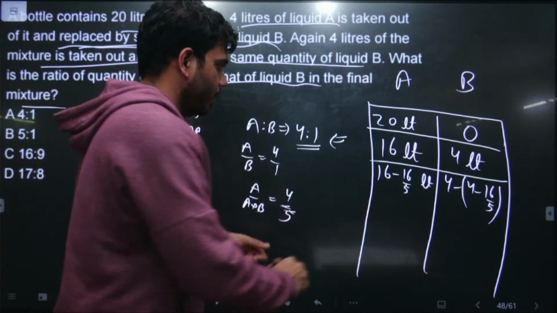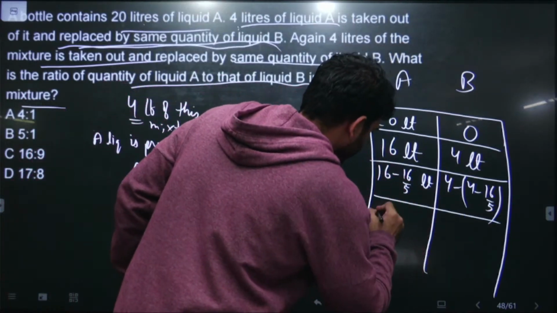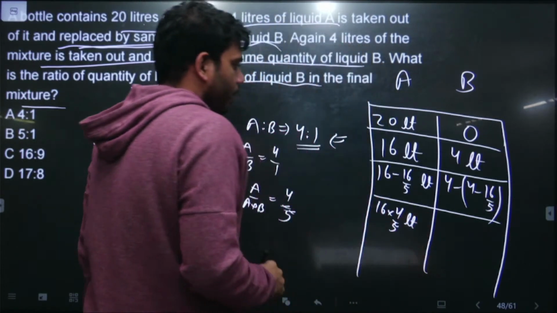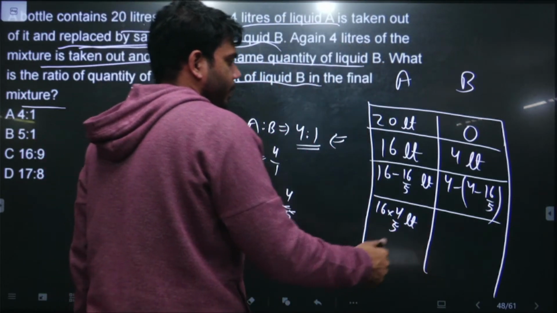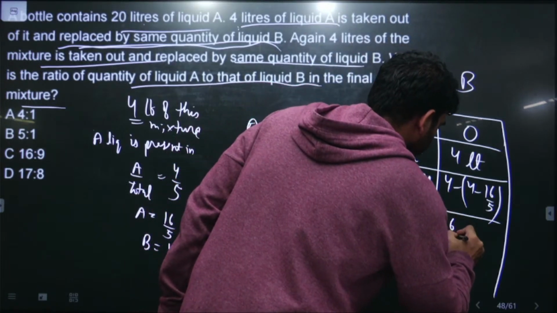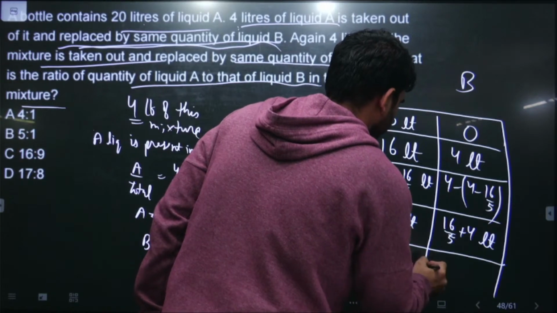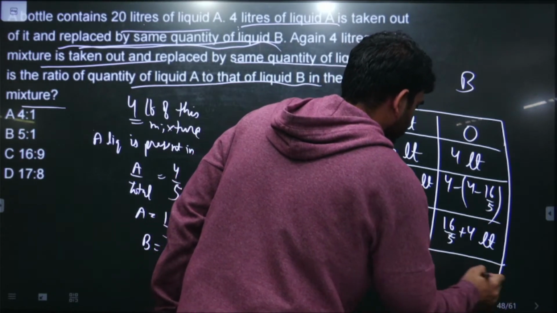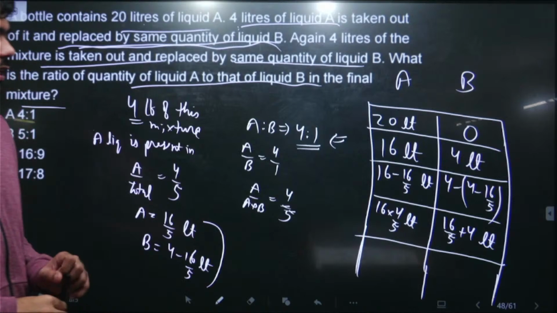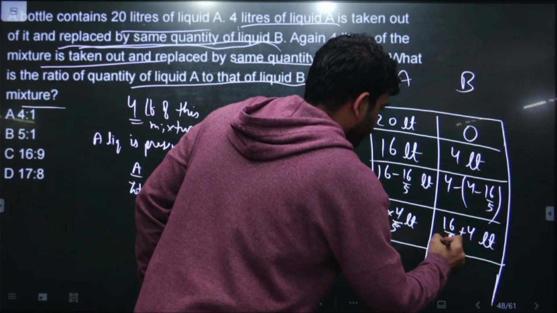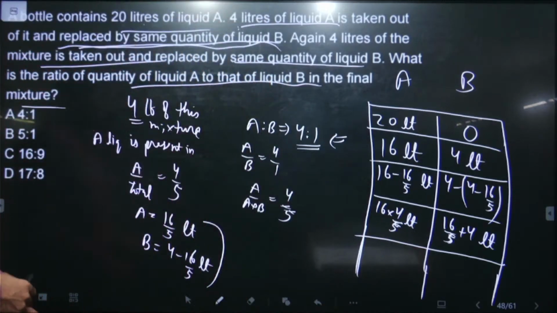So if we simplify, this will be 4 into 5 minus 16 by 5 of liquid A. And the liquid B will be 4 minus 16 by 5 plus 4 liters. This is the liquid B that is present.